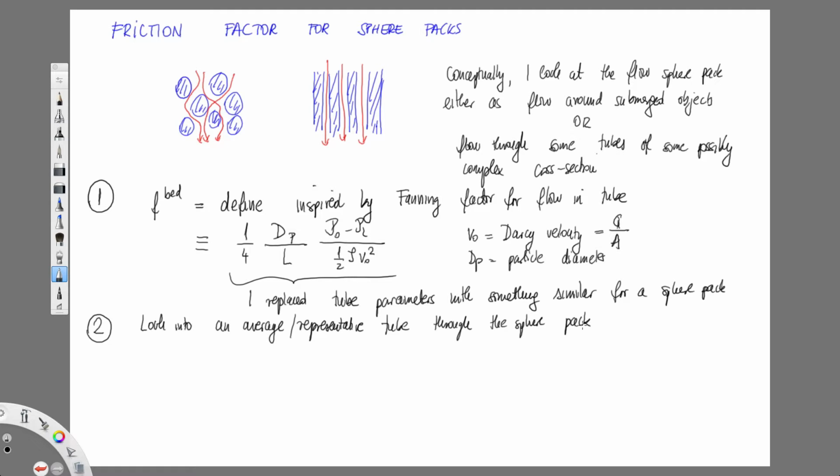And I'm going to say, okay, R is this tube radius. And if I attempt to relate it to the sphere pack, we're used to using the hydraulic radius concept. So it should be equal to 2RH, where RH is the hydraulic radius.